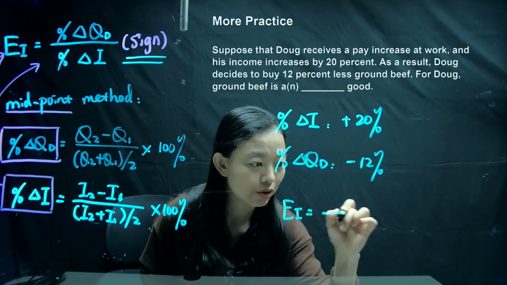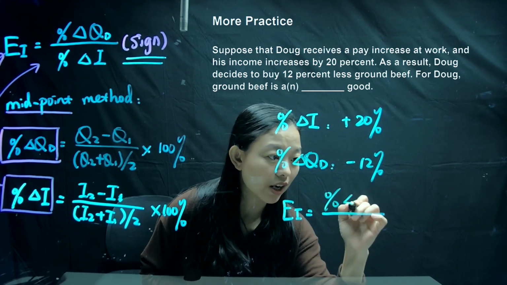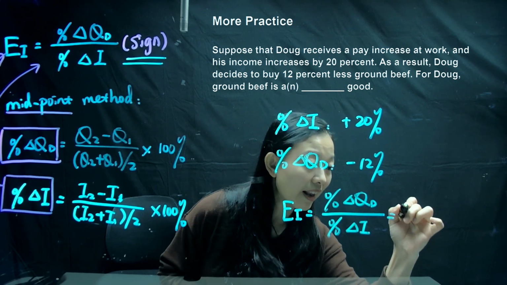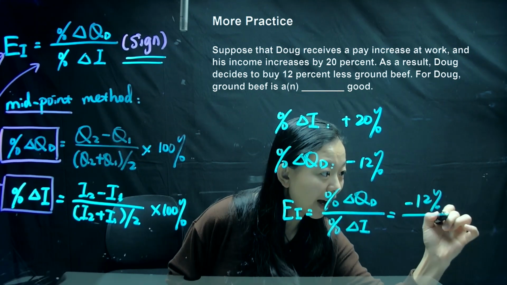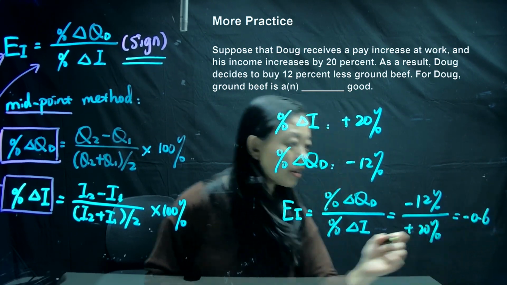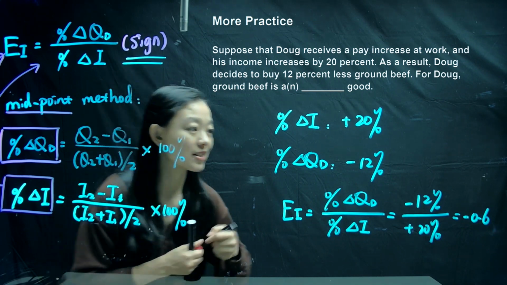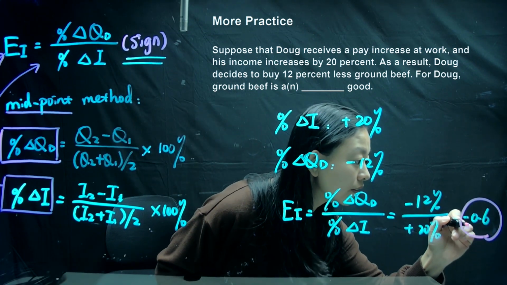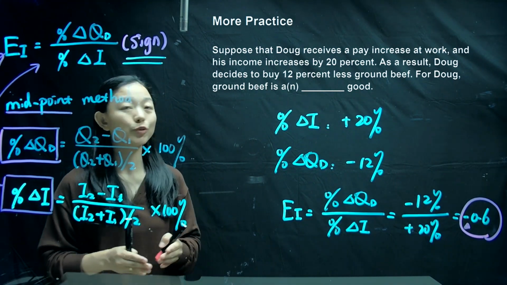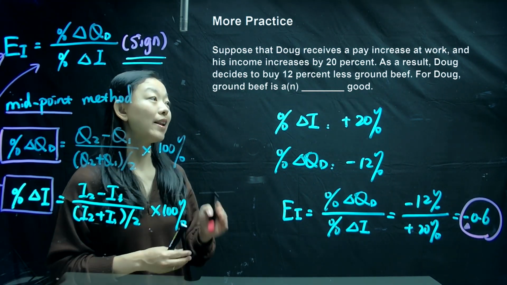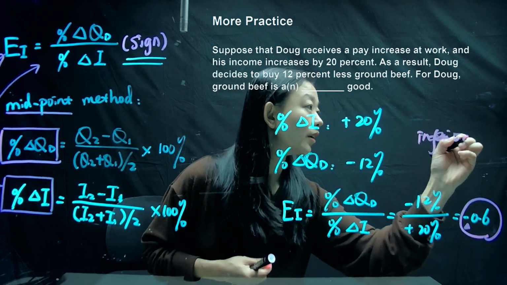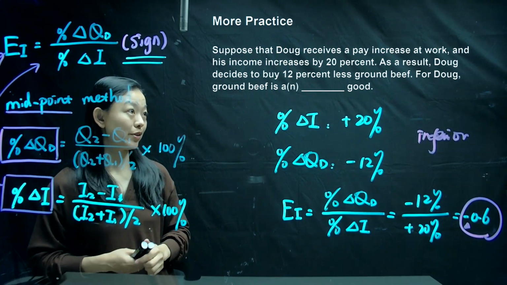Income elasticity here will equal the percentage change in demand divided by the percentage change in income, which is negative 12% divided by positive 20%, which is negative 0.6. So you can see here the sign is negative, right? The negative sign tells us ground beef for this person is an inferior good. So we need to put inferior good.